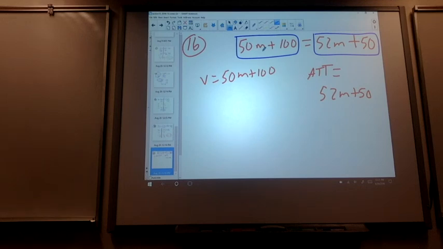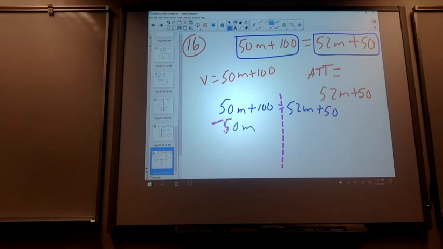So we're going to work this out. Let's go 50M plus 100 is equal to 52M plus 50. Maybe we'll subtract 50M from both sides. So now I'm going to get 100 equals 2M plus 50.